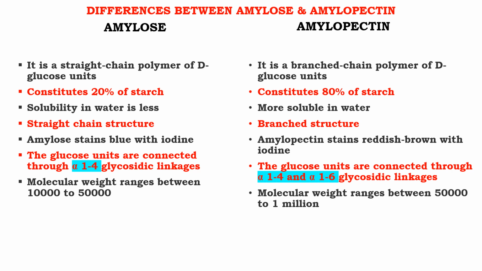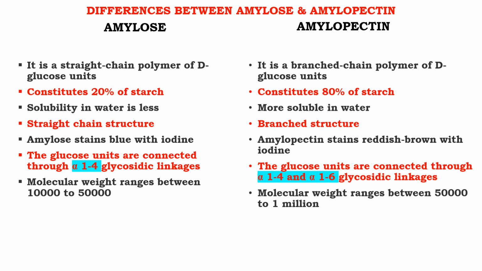Now we have to see the difference between amylose and amylopectin, which are the components present in starch. Very, very important. So we have to see what are the properties and differences of amylose and amylopectin.